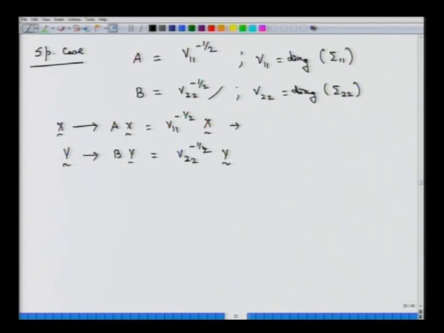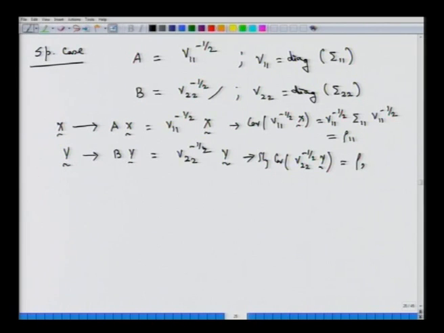That will be just the correlation matrix of the original x vector. Similarly, the covariance matrix of V 2 2 to the power minus half times y is V 2 2 to the power minus half sigma 2 2 times V 2 2 to the power minus half, and we will have that as the rho 2 2 matrix, which is the correlation matrix of y.